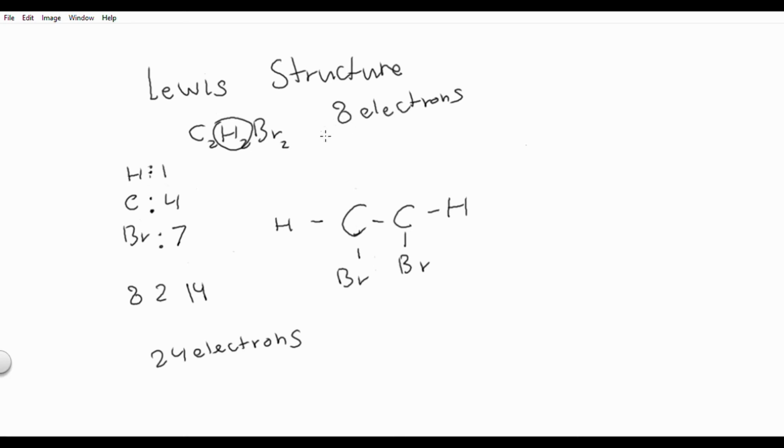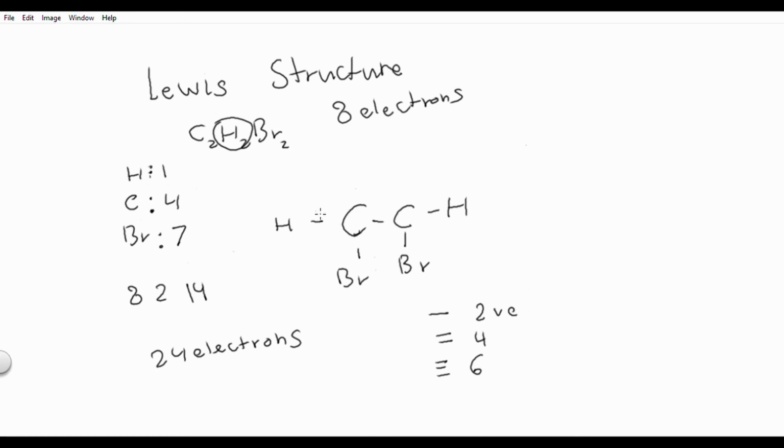Anyways, so we need 8. And you see all these lines that I drew between hydrogen and carbon, carbon and bromine. These are called bonds. 1 bond means 2 valence electrons. Double bond means 4, and triple bond means 6. I think you have a basic idea of this.